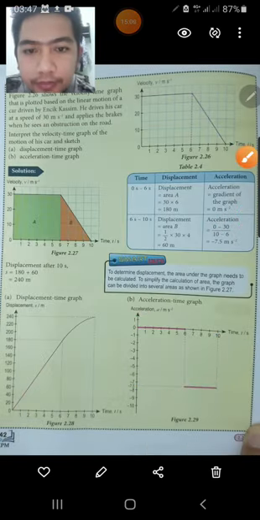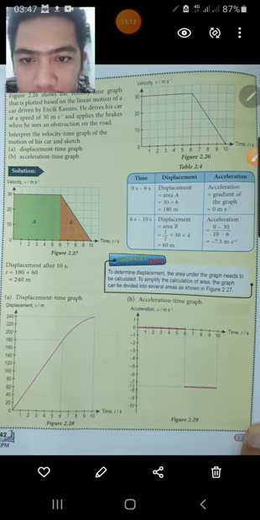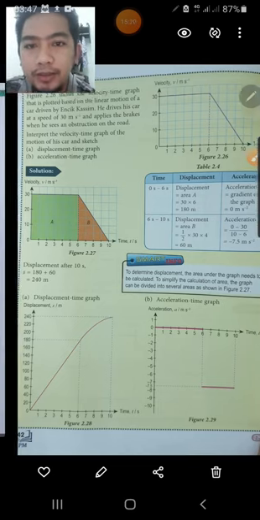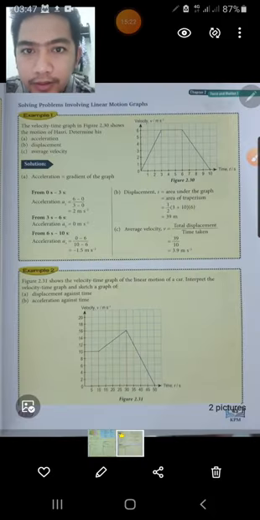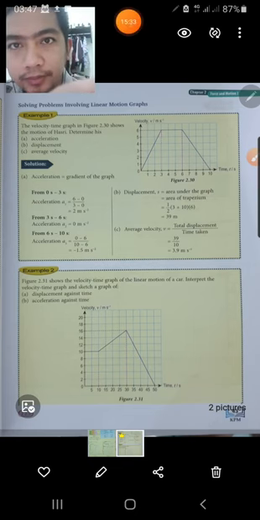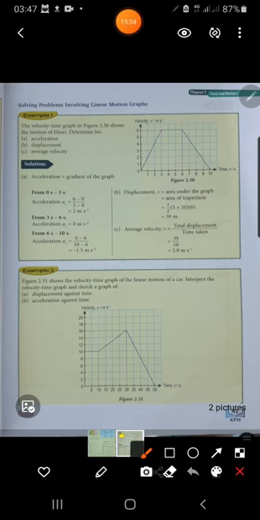Okay, so we continue. Alright, let's first read the smart info. To determine displacement, the area under the graph needs to be calculated. Okay, this is what we learned before. Alright, the next example is solving problems involving linear motion graphs. So here we have to solve a problem. Okay.